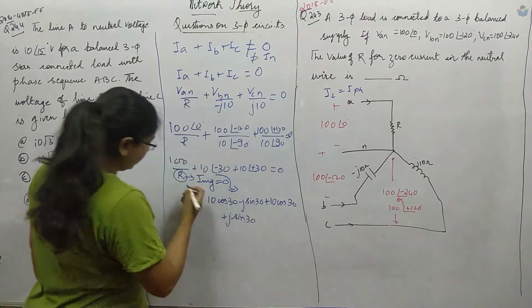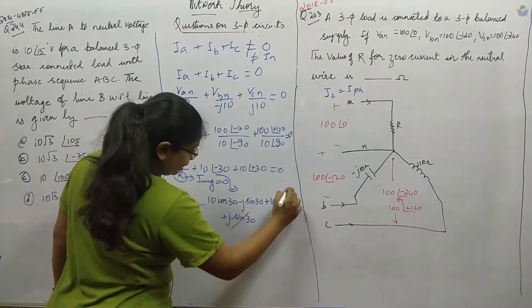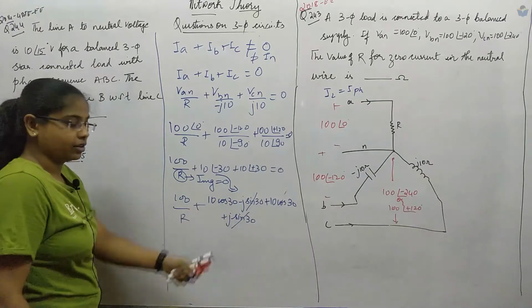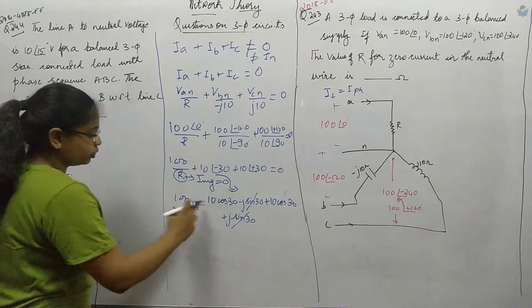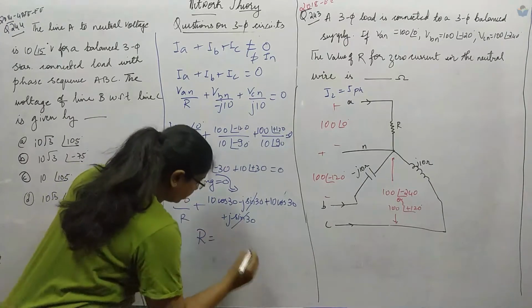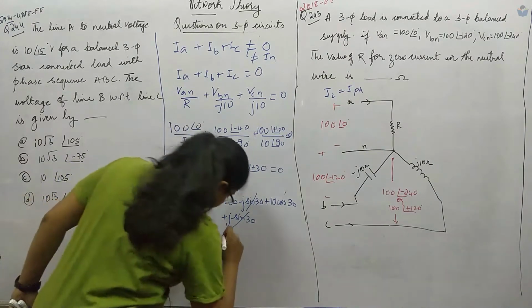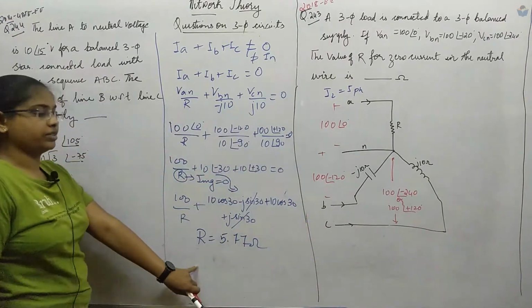Here it is 100 by R. So this plus J sin 30 and this minus J sin 30 will get cancelled. You can put the value of cos 30 and cos 30, then you can solve this for R. So you will get R equal to 5.77 ohms. So this is the value.